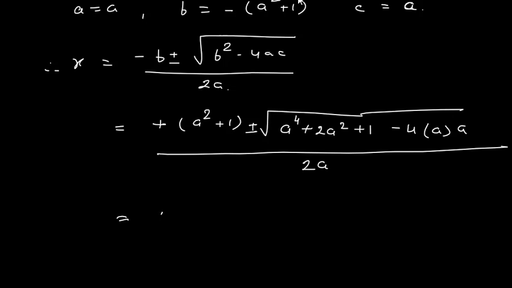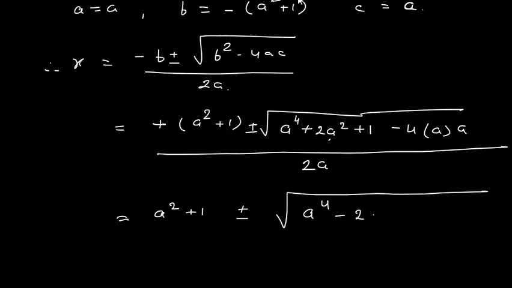So this is equal to a square plus 1 plus or minus, now here it is a power 4, 2a square minus 4a square will give me minus 2a square, and then here we have plus 1, and whole divided by 2a.